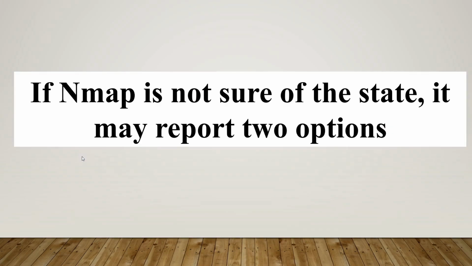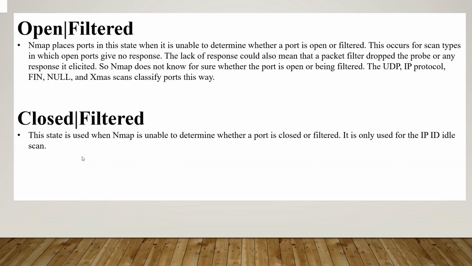The next thing you're going to run into is that if Nmap is not sure of the state, it may report 2 other options, and those options are open|filtered and closed|filtered. Nmap places ports in the open|filtered state when it is unable to determine whether the port is open or filtered.